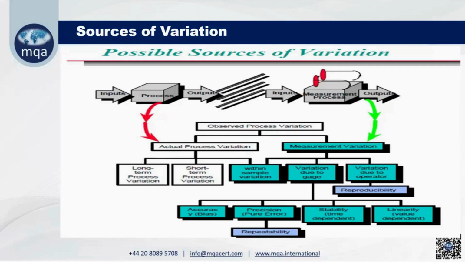When we see precision, we go for repeatability. And for the operator, we go for reproducibility. Therefore, in MSA, we go for gauge R&R. A gauge is nothing but a measuring equipment.